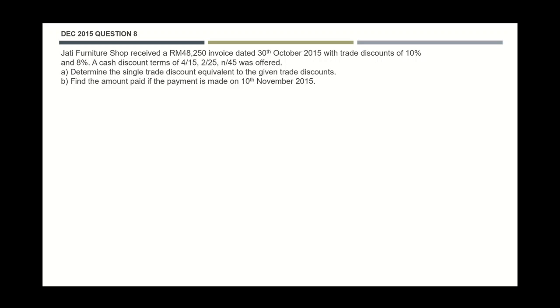So there are two discount rates here, trade discount rates. And then a cash discount term is also given of 4/15, 2/25 and n/45 was offered.